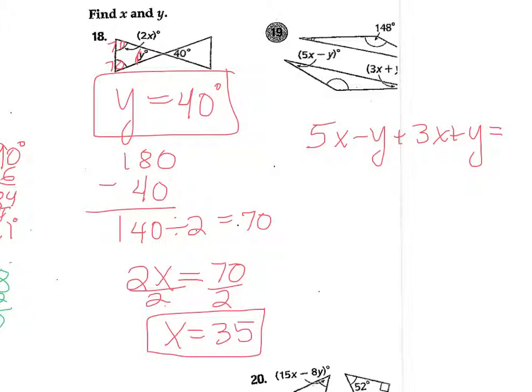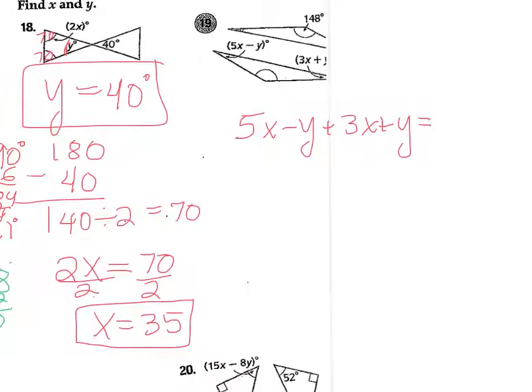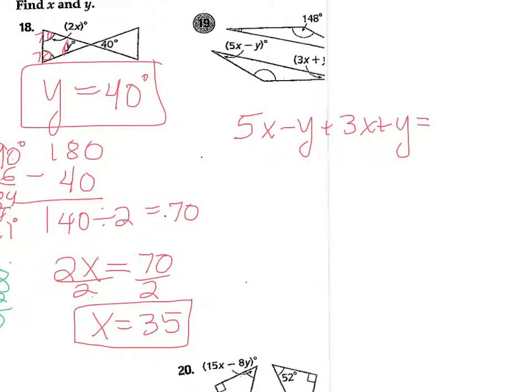Is that equal to 148? No, it's not. The one that is 148 is this one. The three angles add to 180. So the remaining from 180, with 148, is 32. So the sum of those two angles should be 32.